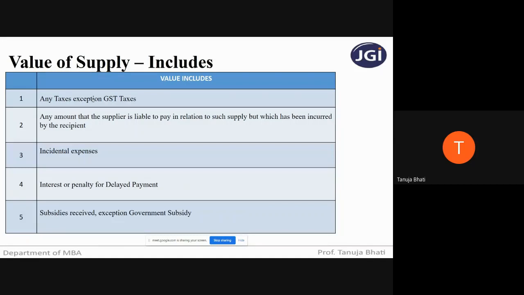Now, what is going to be the value of supply? The value of supply will be 50,000 plus the 5,000 that is taxes collected by the municipal authority of Mahabaleshwar in order to make the goods enter Mahabaleshwar. So the total value of supply will be 55,000. 50,000 is the price paid or payable and 5,000 is, as per section 15 subsection 2 clause A, any taxes.